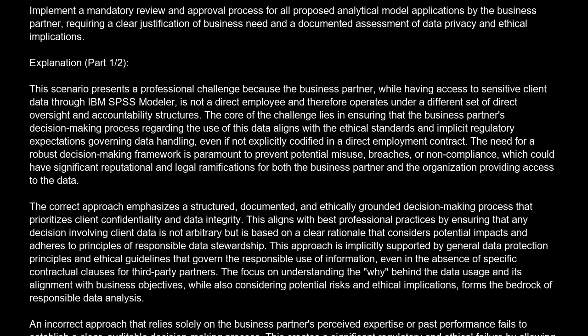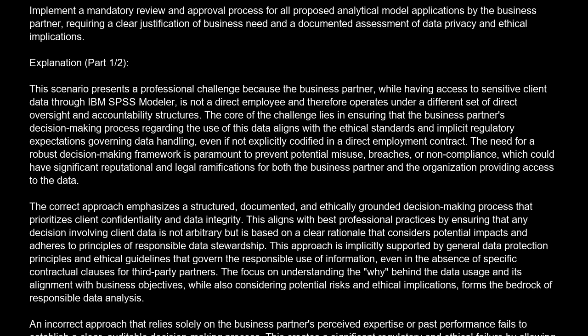The correct approach emphasizes a structured, documented, and ethically grounded decision-making process that prioritizes client confidentiality and data integrity. This aligns with best professional practices by ensuring that any decision involving client data is not arbitrary, but is based on a clear rationale that considers potential impacts and adheres to principles of responsible data stewardship.